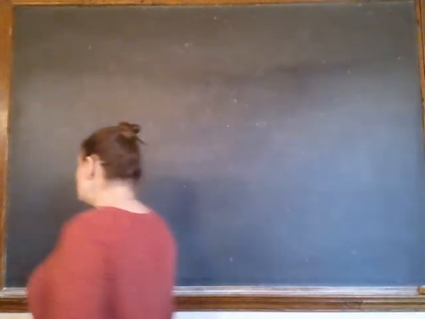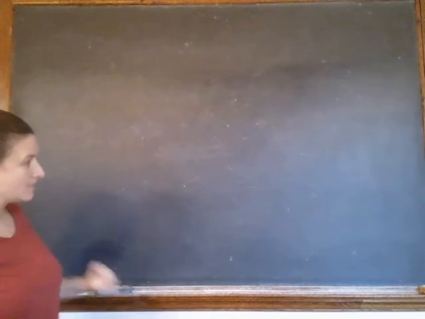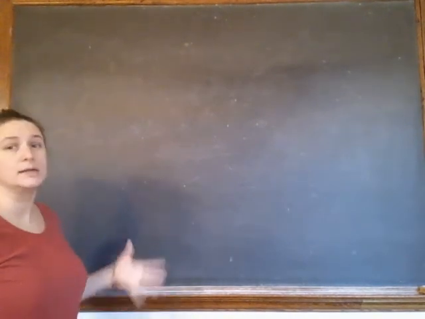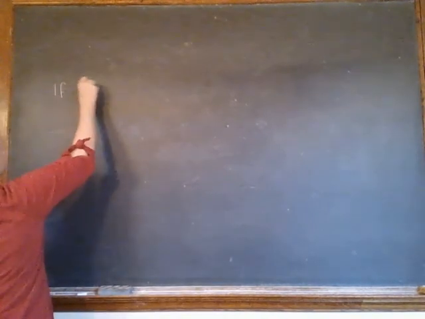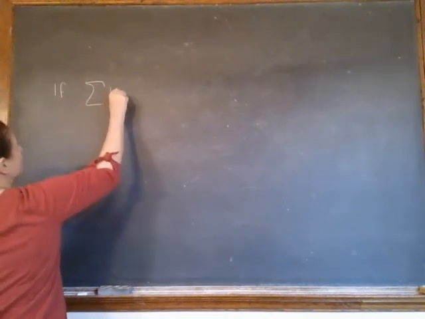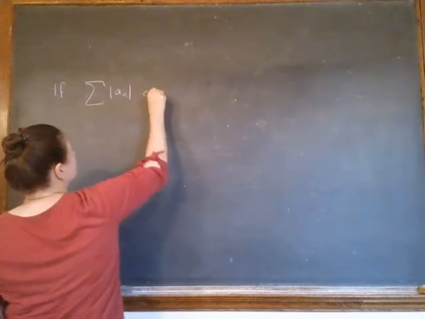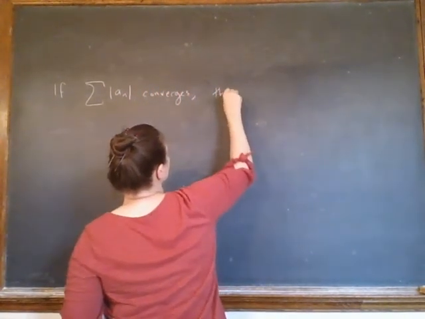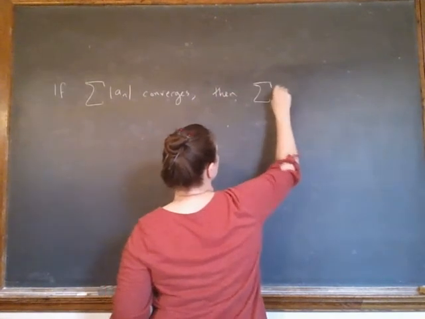But so, what am I actually talking about? You can prove very easily, and it's proved in the book, that if the absolute value converges, then the series itself converges.